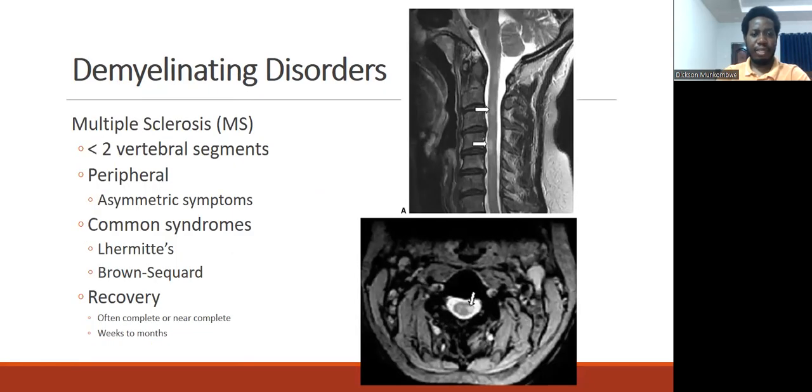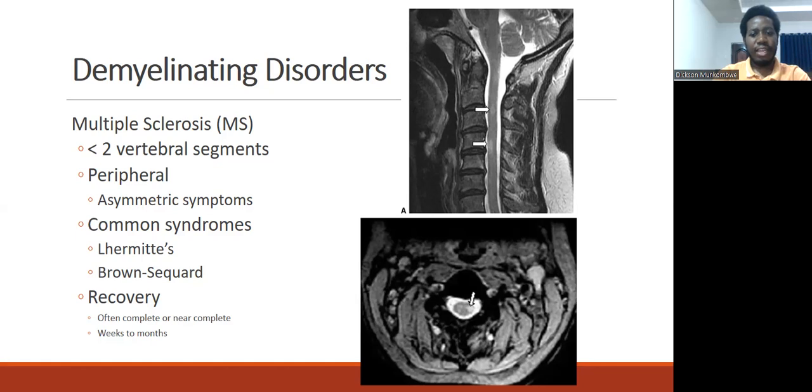So here we talk a bit about multiple sclerosis and the other demyelinating disorders and how you can distinguish them. In multiple sclerosis, usually with imaging, you have fewer than 2 vertebral segments involved, as you can see in the image here. I don't know if my mouse is visible, but you see small segments of hyperintense signal, that is a signal which is much brighter than the rest of the spinal cord.